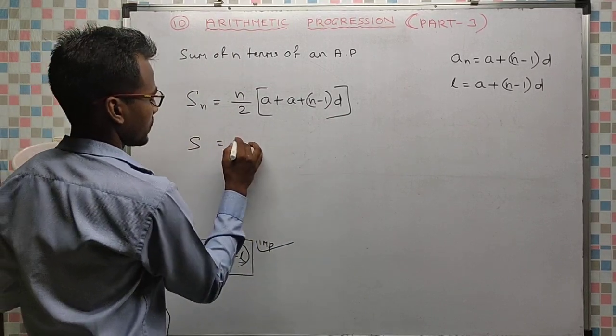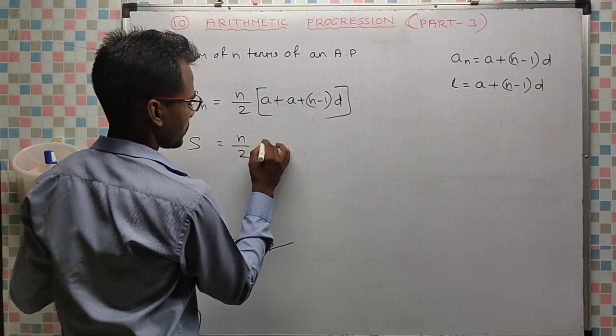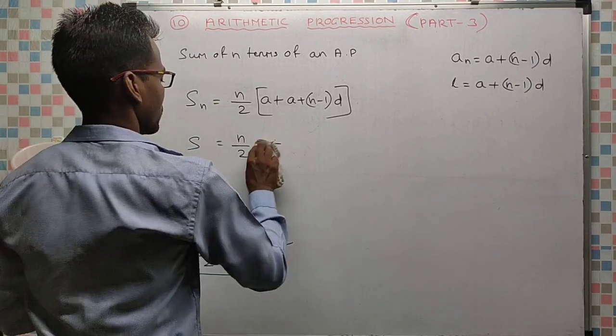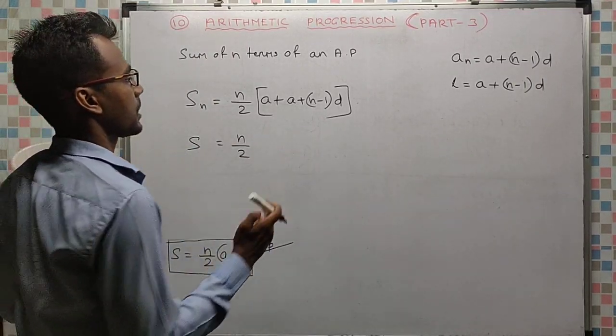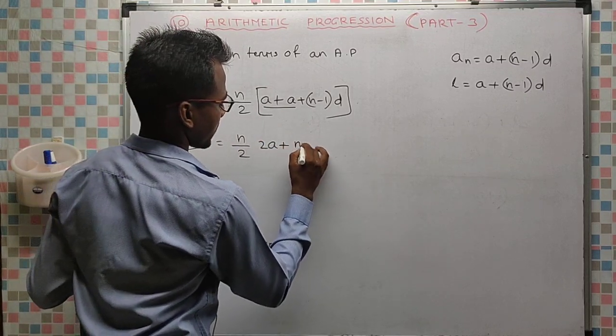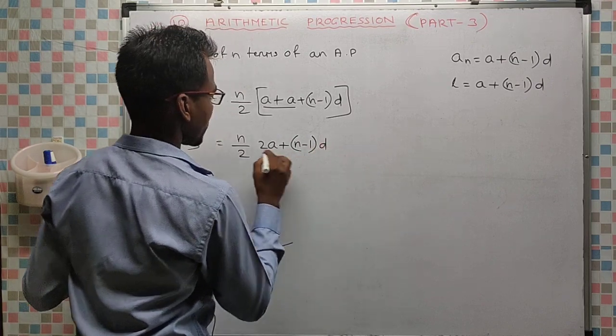So S is equal to n by 2 [a plus a], that is 2a plus n minus 1 d.